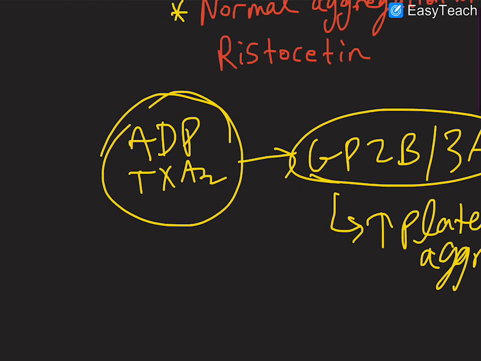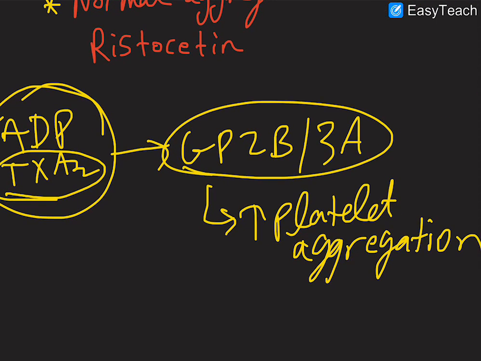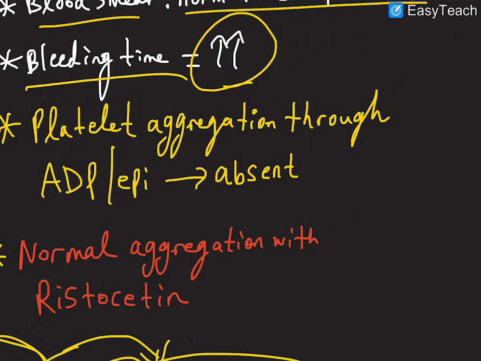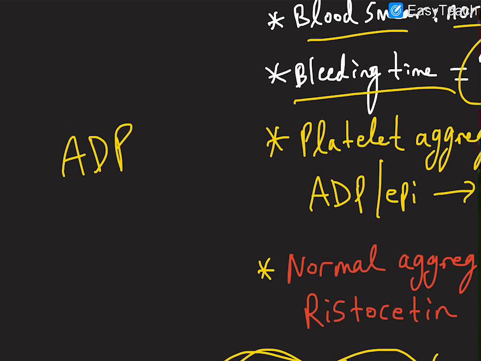That's why you would give things like aspirin to inhibit production of thromboxane A2, so you don't make the clot size bigger. So remember, ADP and thromboxane A2 help induce expression of more glycoprotein 2b3a proteins on the surface of your platelets, so you increase platelet aggregation and make the clot bigger. So ADP stimulates platelet aggregation.